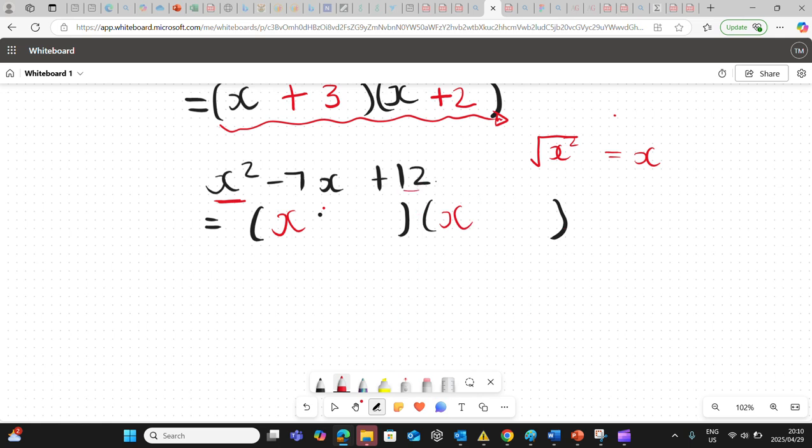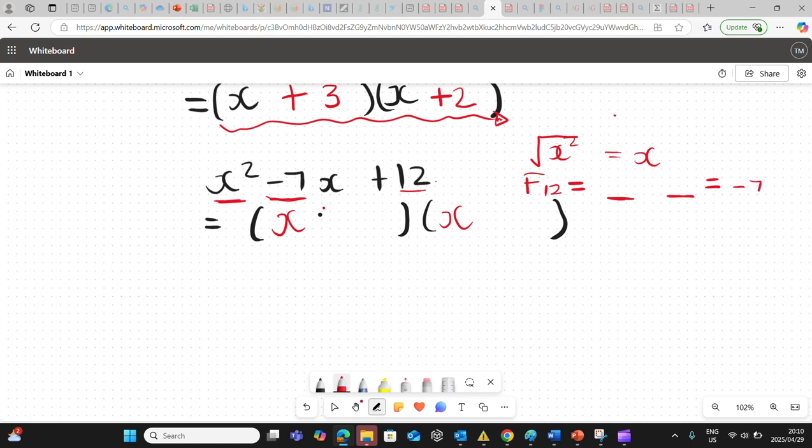And then we look at the factors of 12. So again, what are factors of 12? Factors of 12 are two numbers that multiply to give me 12, but they also have to add to give me the middle coefficient, which is a negative 7.